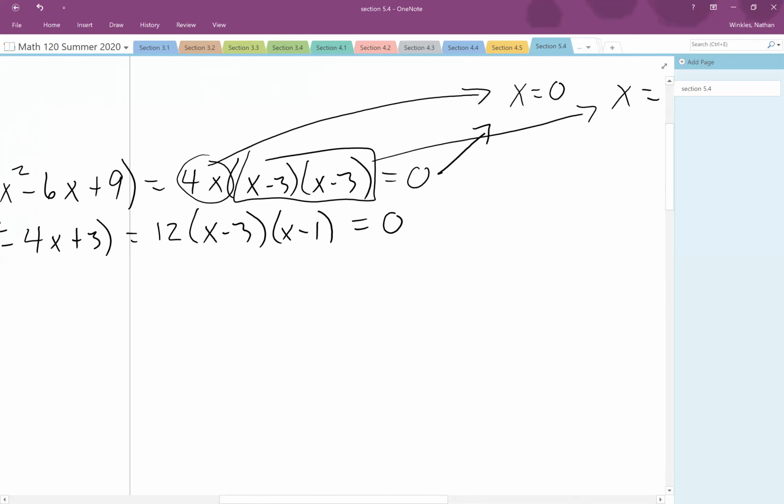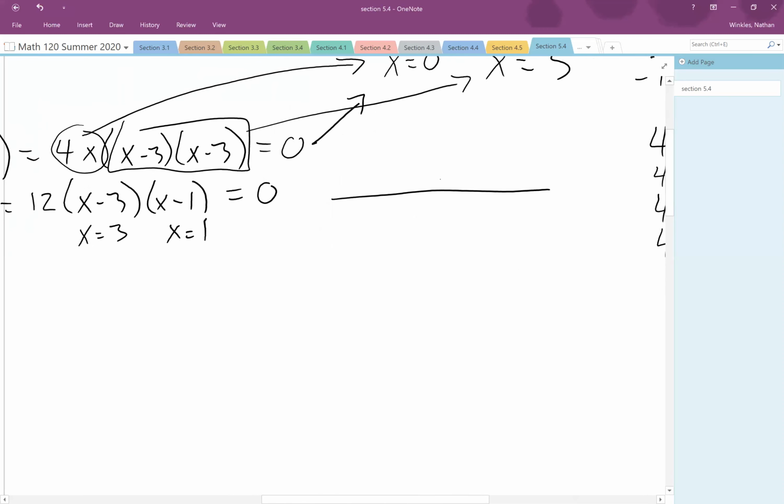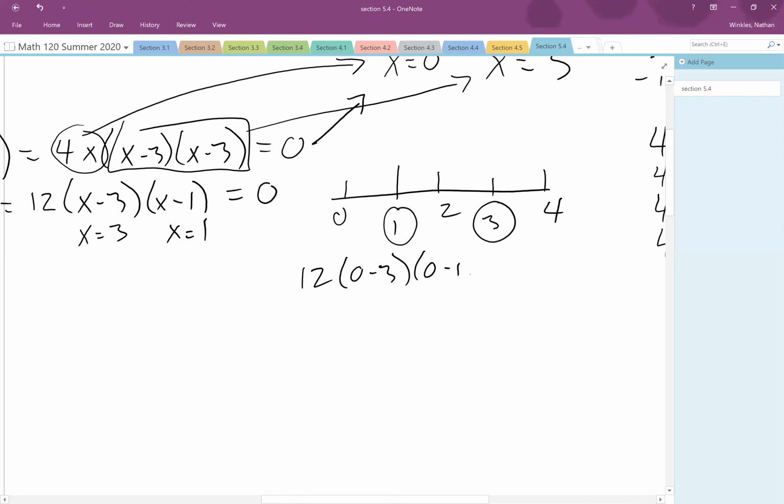For our second derivative, we get x equals 3 and x equals 1. We plug in a value to the left, in between, and to the right. So 12 times (0 minus 3) times (0 minus 1) gives us 12 times -3 times -1, which is 12 times 3, which is 36, positive.